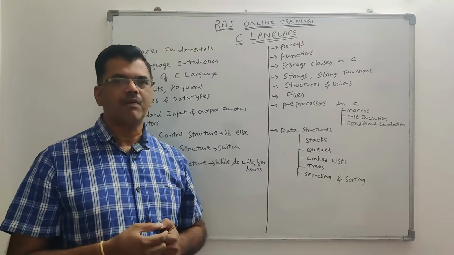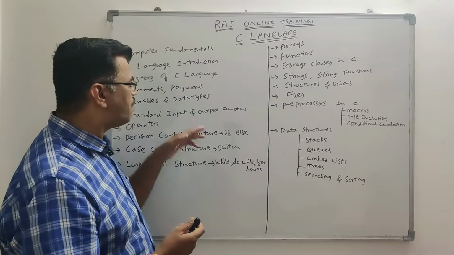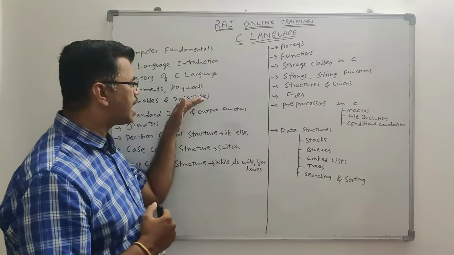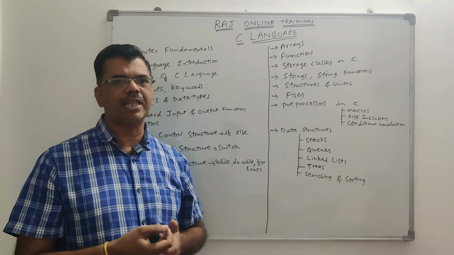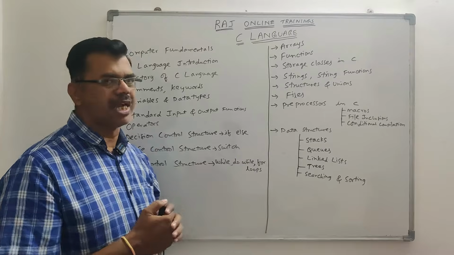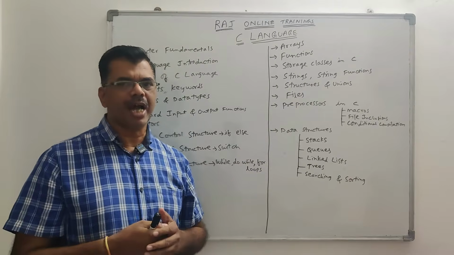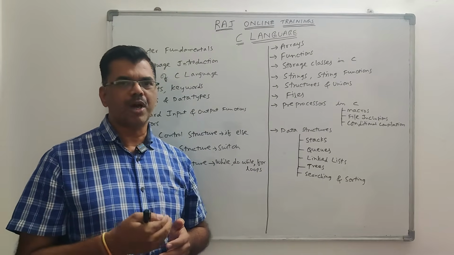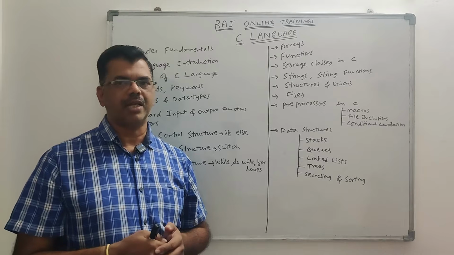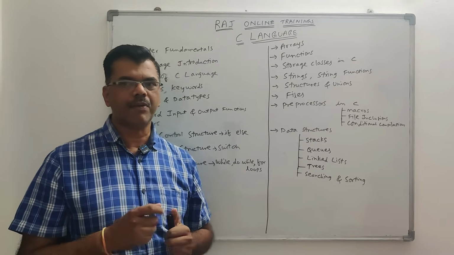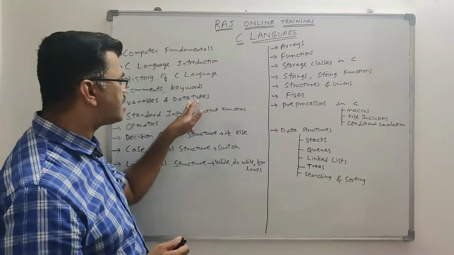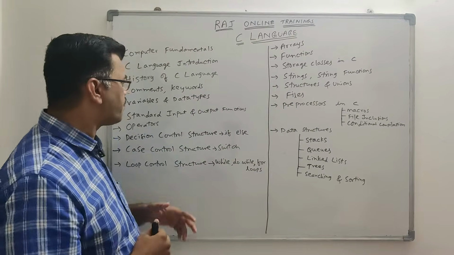For example, with age we store a value like 20, 30, then we call it integer data type. When you take height, we store a value like 5.9, 6.2. A value with a decimal point, we call it float. The type of data a variable holds is called data type.